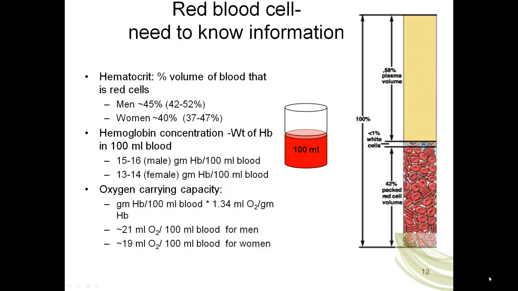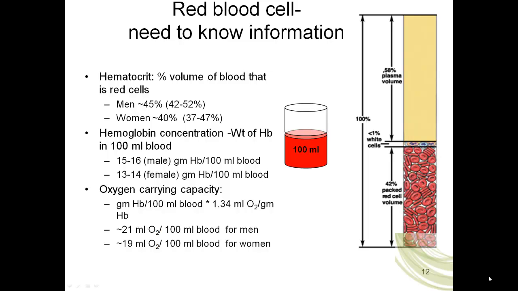Now, oxygen carrying capacity refers to the following. We can carry oxygen either dissolved in our plasma or bound to iron found in our hemoglobin molecule found in our red blood cell. The great majority of the oxygen that's transported by our blood is bound to iron.